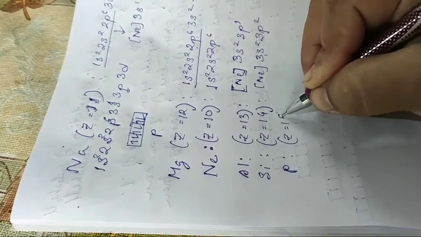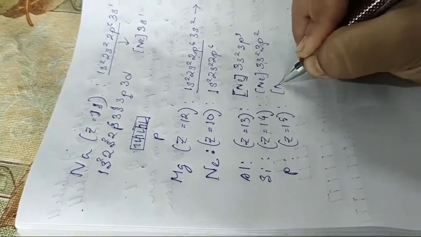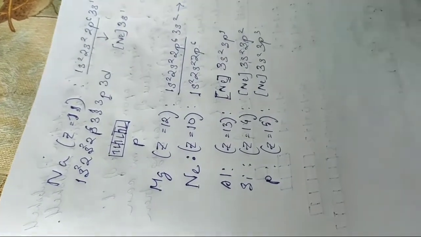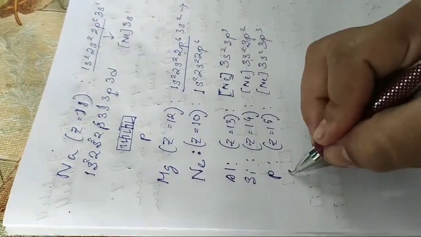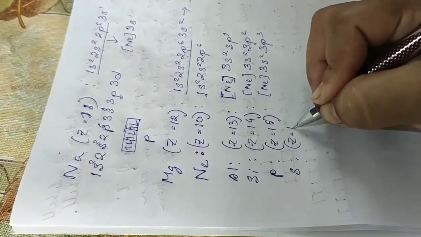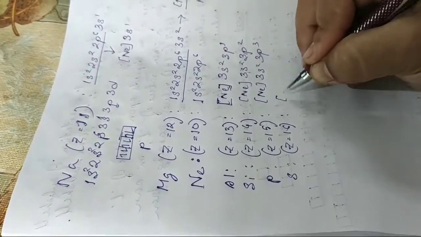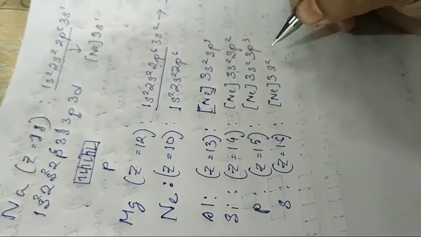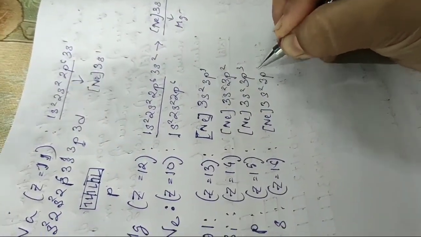Phosphorus, it is neon, 3s2, 3p3. Sulfur, it will be neon, 3s2, 3p4.